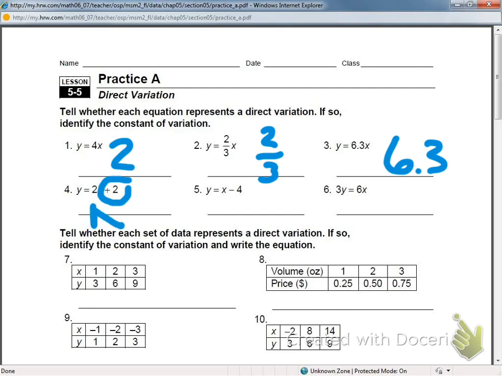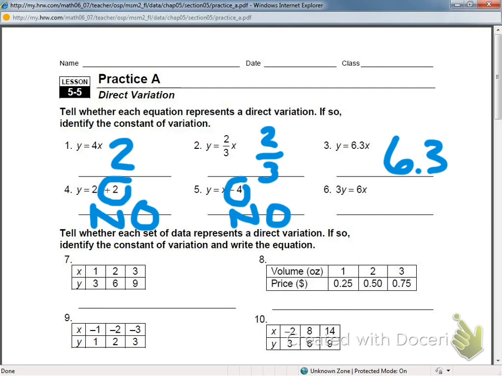No, so this is no. This is not constant variation. Direct variation is not occurring. Number 5, I have a minus 4. No, not direct variation is correct.